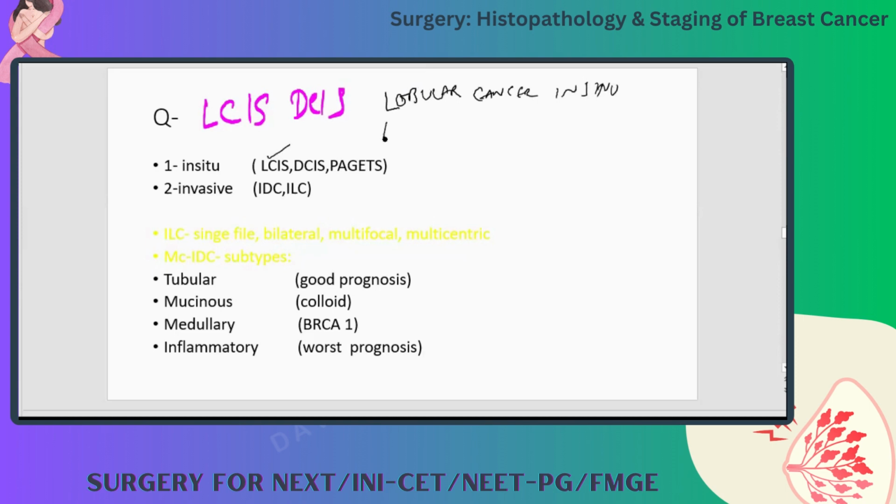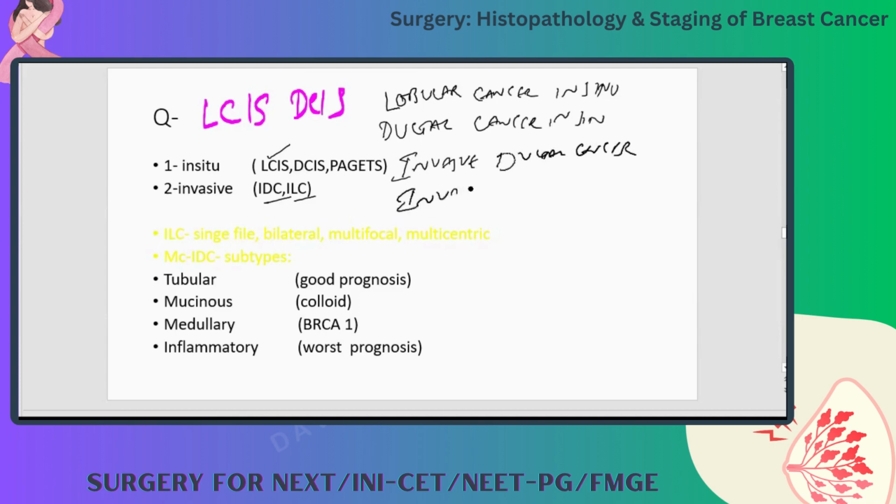DCIS is ductal cancer in situ. And IDC and ILC are invasive: IDC is invasive ductal cancer, ILC is invasive lobular cancer. So we have only four.